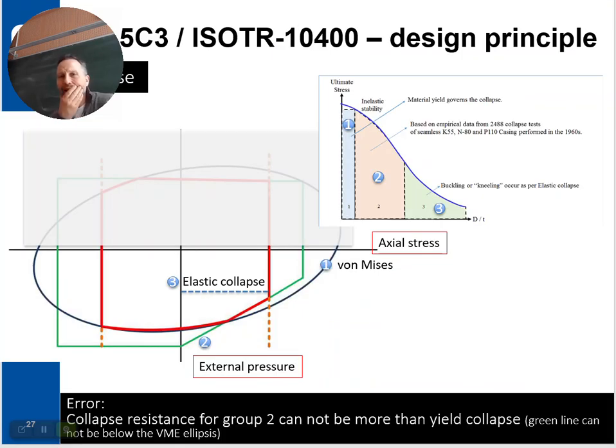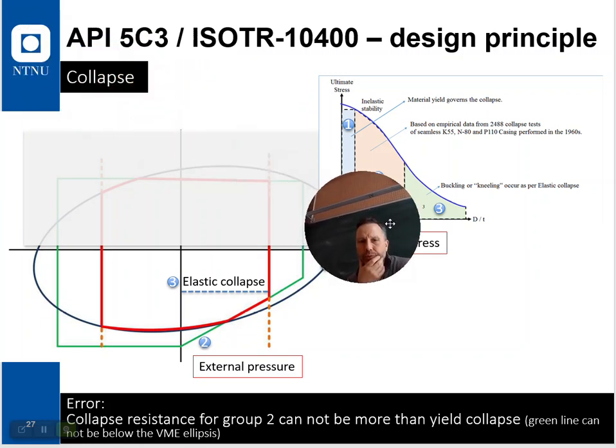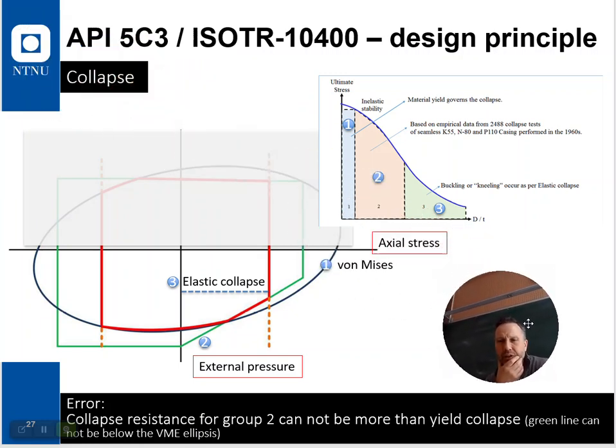Again, from NORSOK, there's an error, as said. The green line, it's not possible that it goes outside von Mises. So that's something that NORSOK should consider the next time they issue this plot.